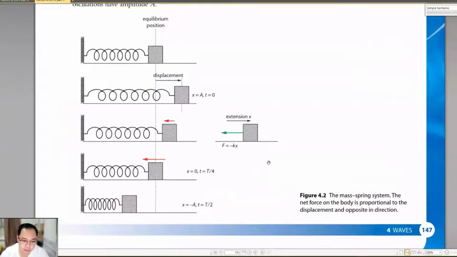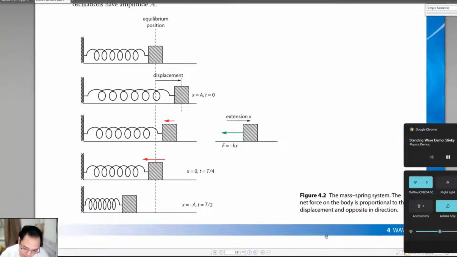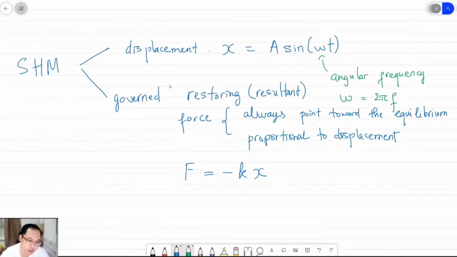Does simple harmonic motion stop? Almost never. One more condition is that the loss of energy is tiny, negligible, so the oscillation can be maintained for a very long time.